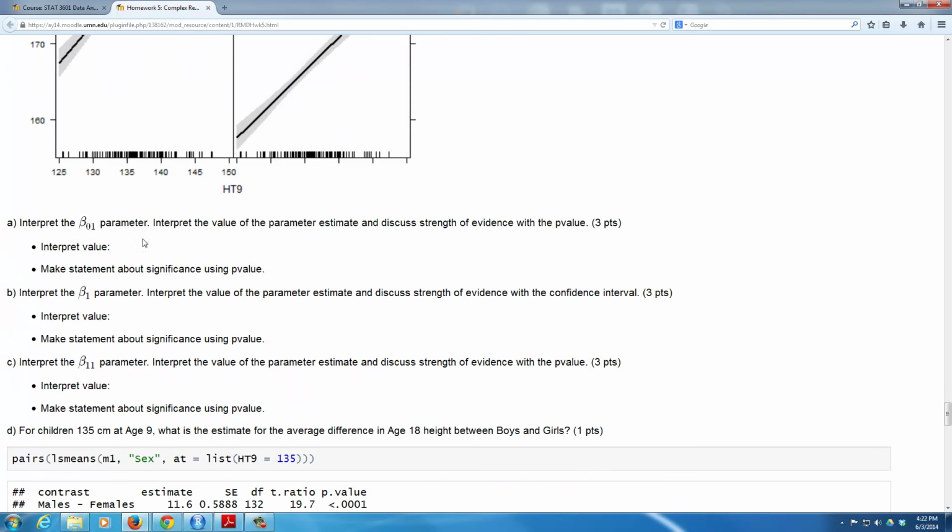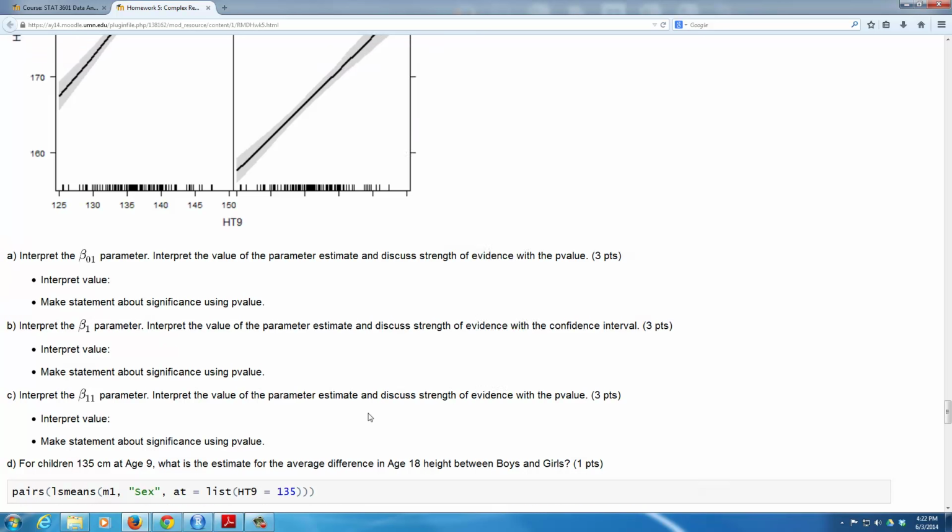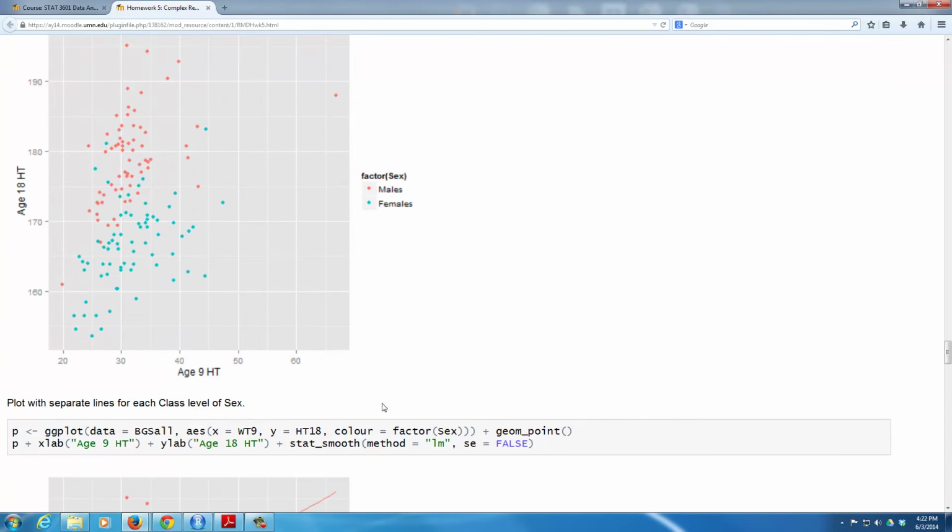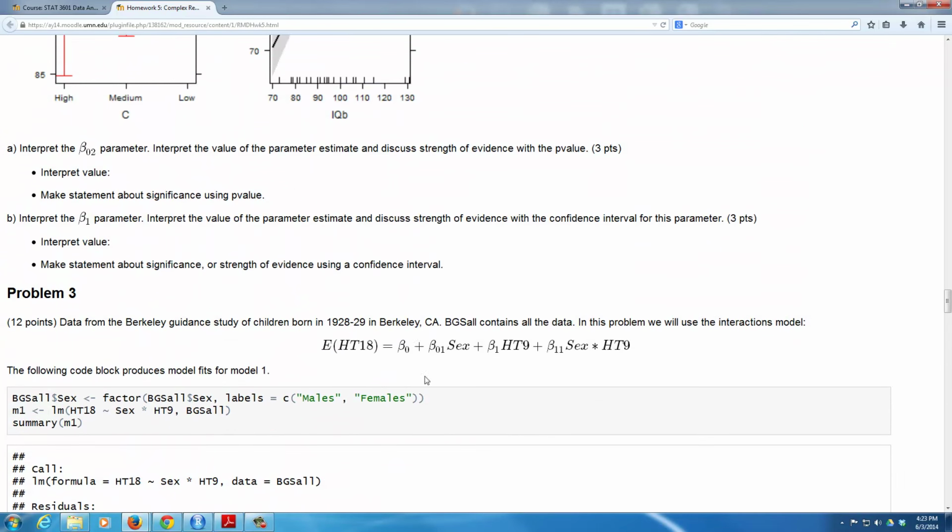And we have our first task, which is to interpret the beta 0.1 parameter from our model. The second one is for interpreting the beta 1 parameter. And the third one is to interpret the beta 11 parameter. The beta 0.1 parameter is given right here in this model equation.